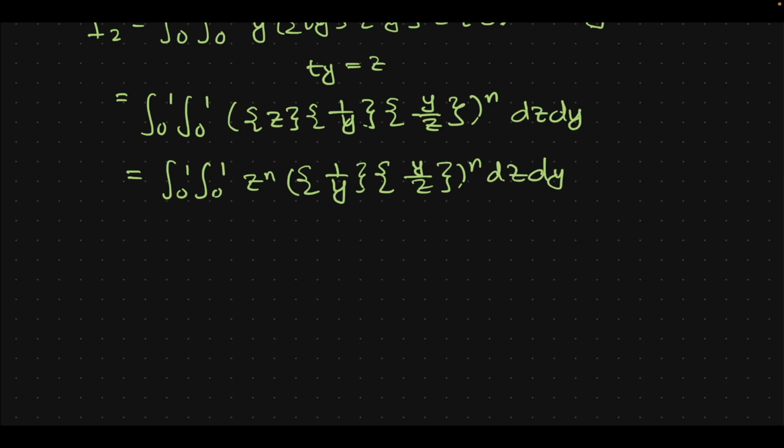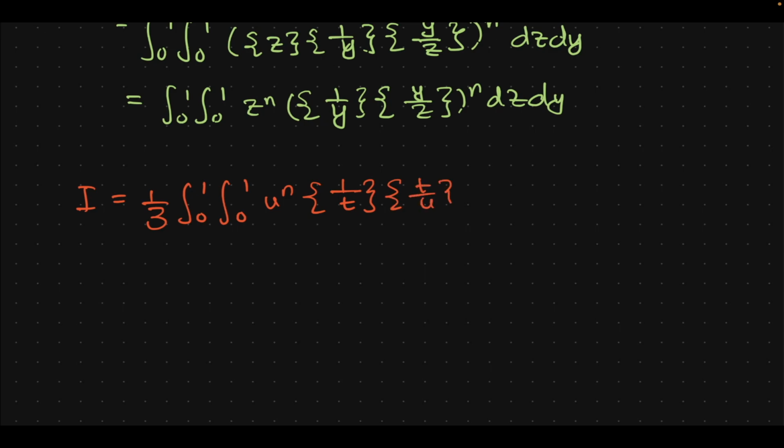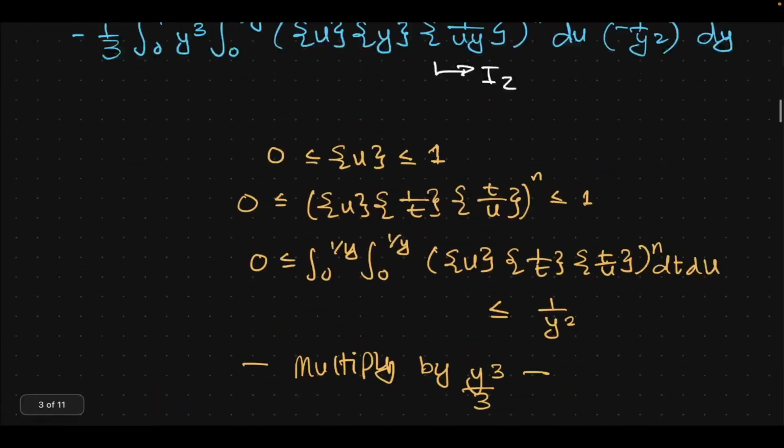Fair enough. Now we can just combine all these pieces. You might say we haven't done much, but let's see. 1/3, integral from 0 to 1, 0 to 1, u to the n, now raised to the power n, dt du, plus, let's see, the factor of 1/3, which I actually forgot to write.